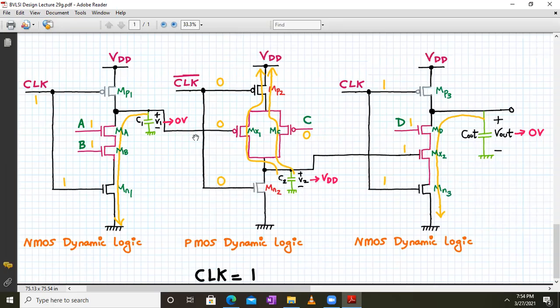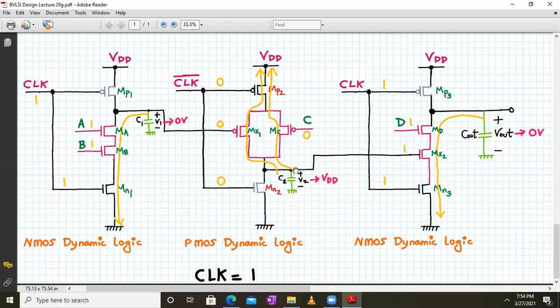Now this V1 voltage is applied as an input to the MX1 transistor, so this MX1 PMOS transistor is on. Also the C input is 0, so MC transistor is also on. The clock bar is now 0, so MN2 transistor will be off and MP2 will be on.